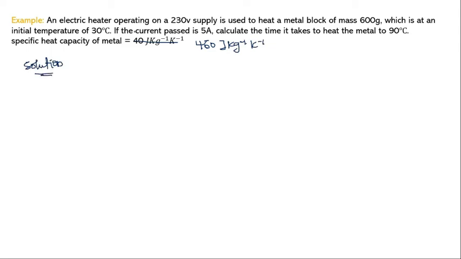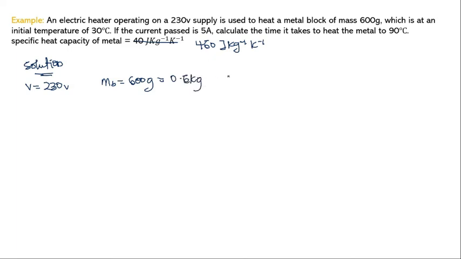Alright, so we have an electric heater operating at a voltage supply of 230. So our voltage is 230 volts. It's used to heat a metal ball of mass 600 grams. So the mass of the metal, let me use MB for the ball, is 600 grams. If we convert this to kilograms, we get 0.6 kilograms.